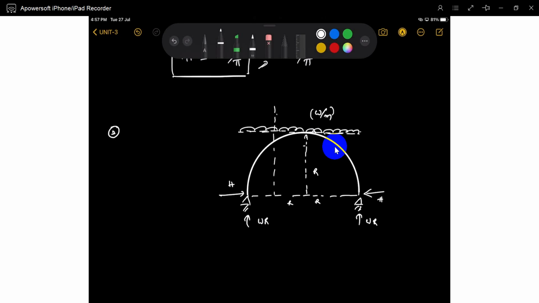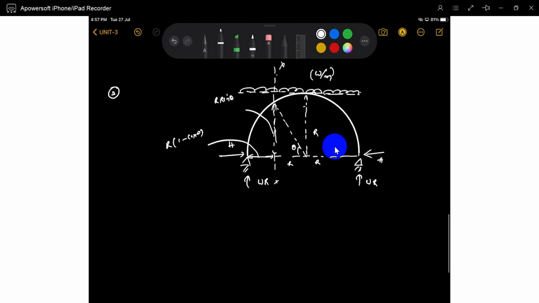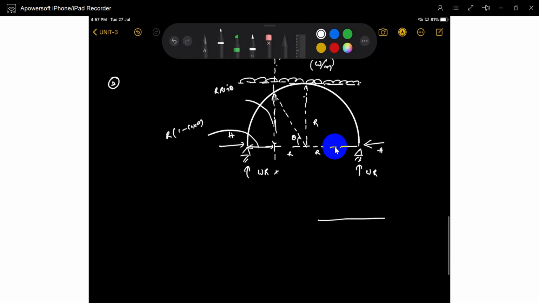Take some section X, at the same angle theta. This X means R into 1 minus cos theta, and this Y will be R sin theta, for every section. So now what is the moment? It's WR.